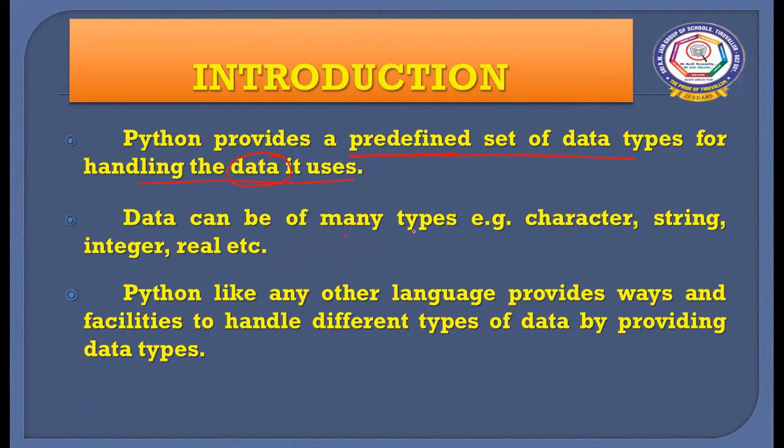Data can be of many types: a character, a string, an integer, or a real. Python, like other languages, provides facilities to handle different types of data by providing different types. Now we are going to discuss the different types of data.